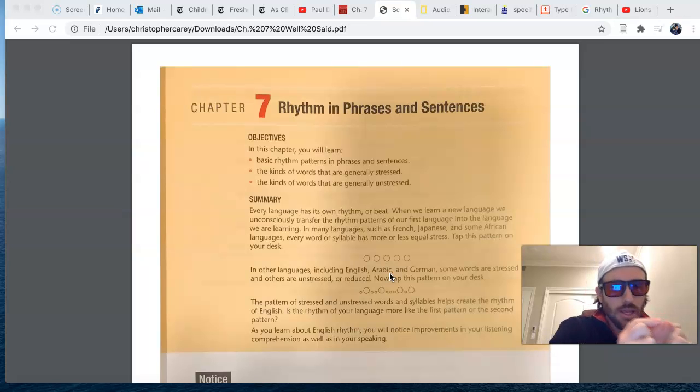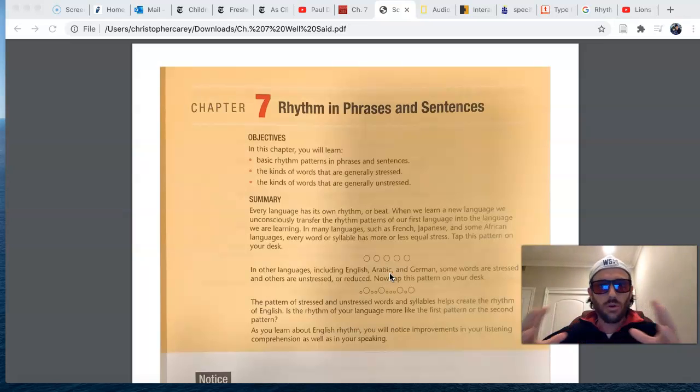So we've looked at individual words. We've looked at individual letters and their respective sounds. Now for the rest of the course, we're going to put it all together in full, complete sentences and look at how all these components that we've looked at thus far create rhythm. Rhythm in phrases and sentences.